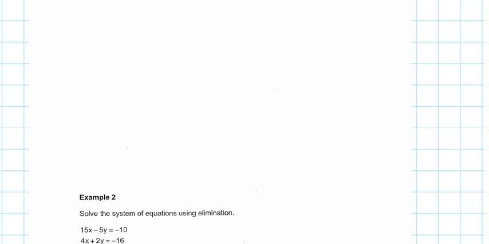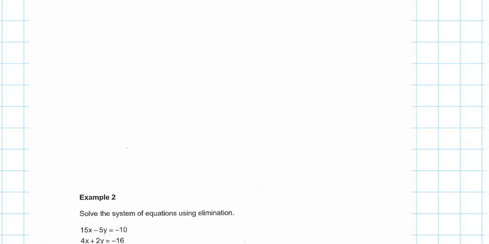Now the question is, do I want to eliminate the x or the y, and does it matter? Technically, it does not matter which one you pick. You can eliminate the y's or the x. The thing is that you have to be careful: why pick the harder one? Always pick the easier one to eliminate.